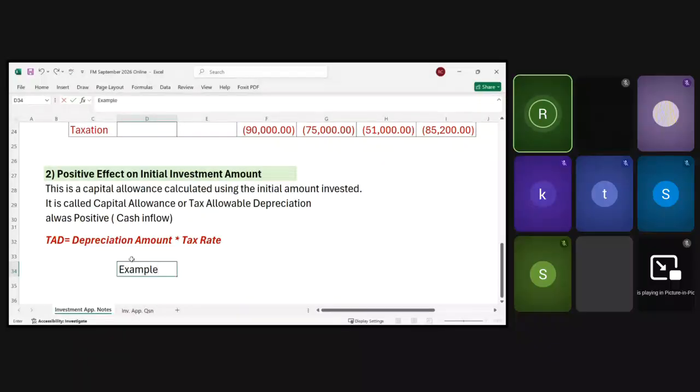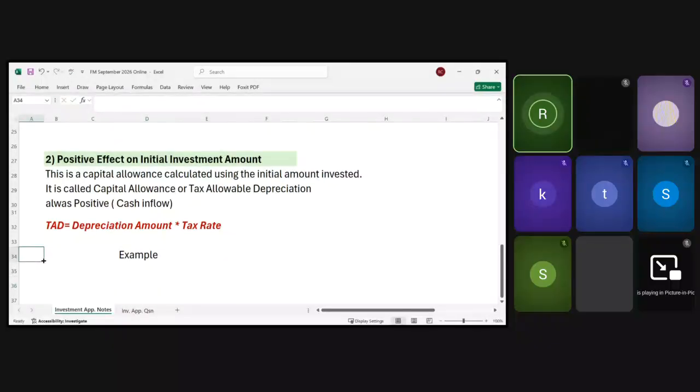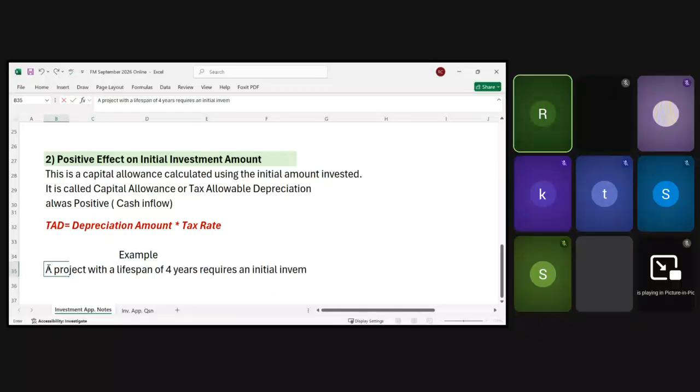Another example for TAD: let's have a project with a lifespan of 4 years, which requires an initial investment of 320,000.